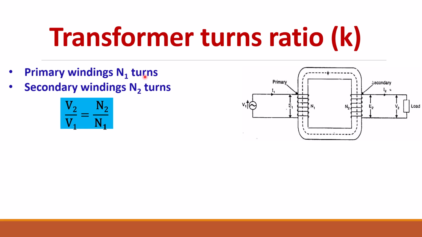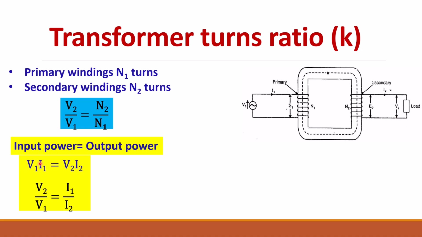The primary winding turns are N1, and the secondary winding turns N2, so I can write V2 by V1 equal to N2 by N1. Now we have to get the relation for the current also. We assume that in a lossless transformer, input power is equal to output power. Power is V into I. So V1 I1 equal to V2 I2.